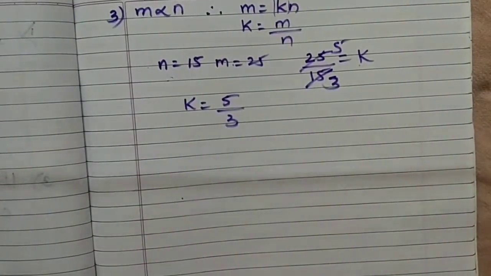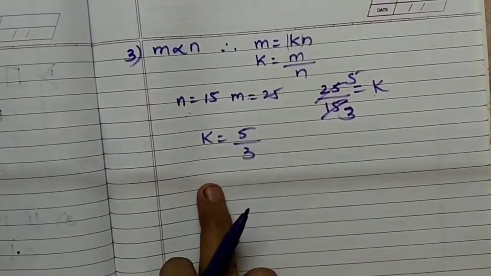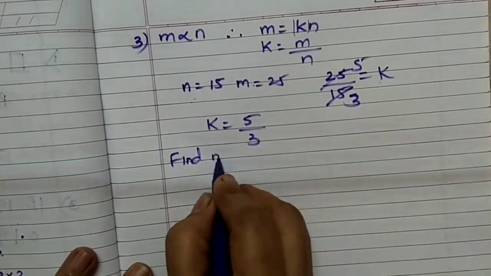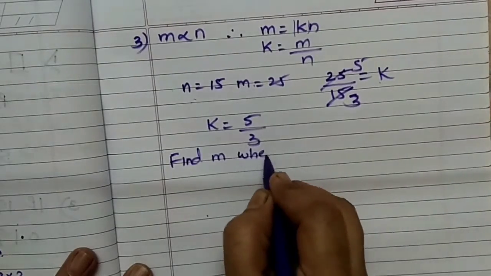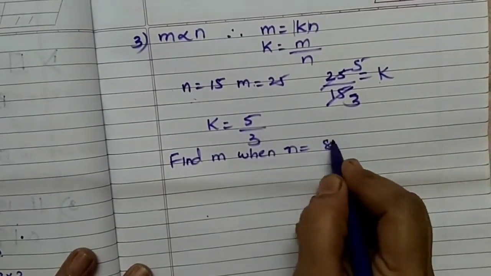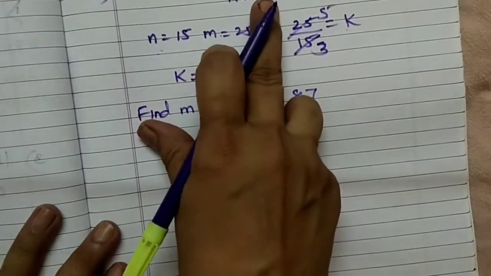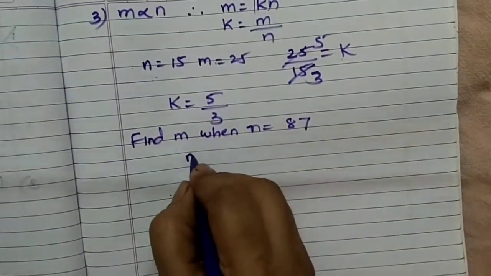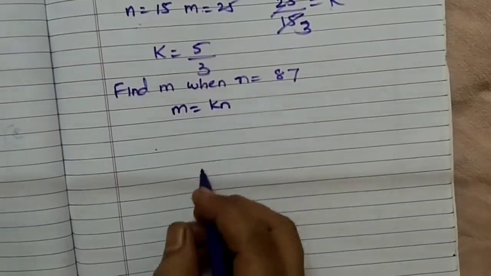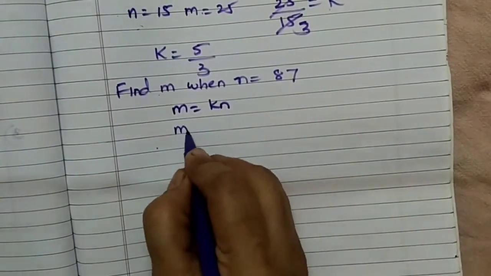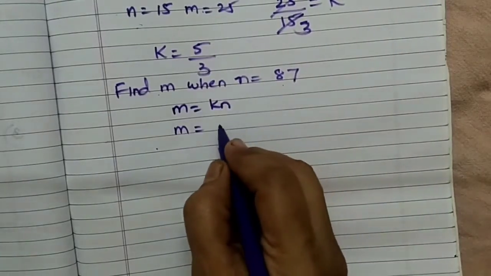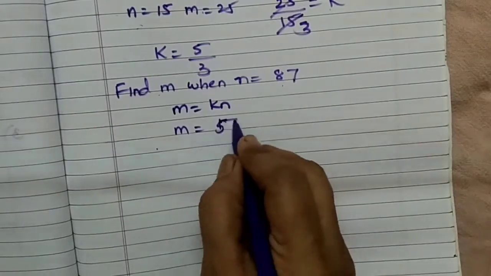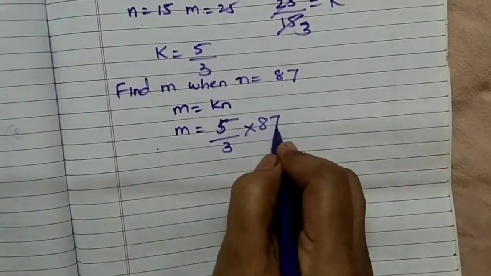Now let us continue. We got the value of k. Now what we have to find out? Find m when n is equal to 87. We know M is equal to k into n. K is 5 upon 3, so 5 upon 3 into 87.